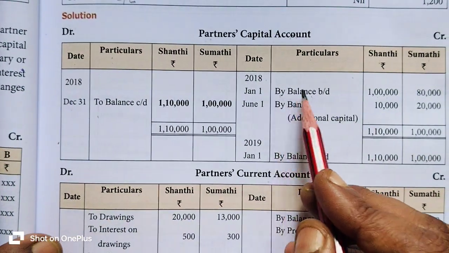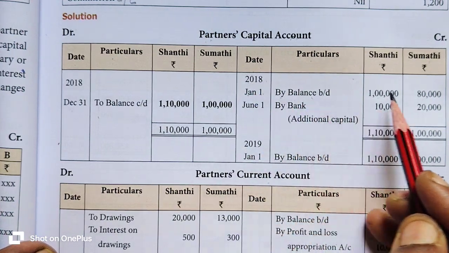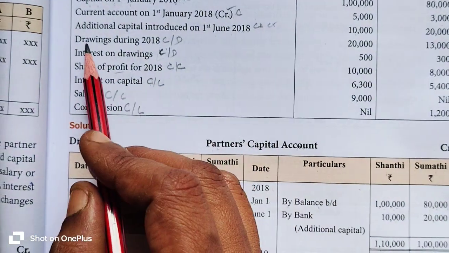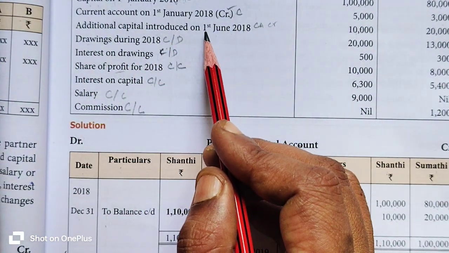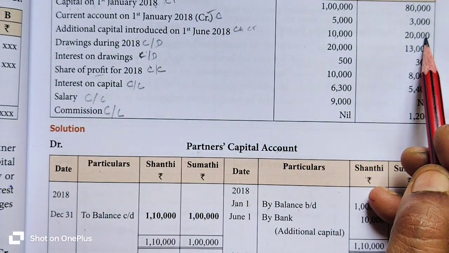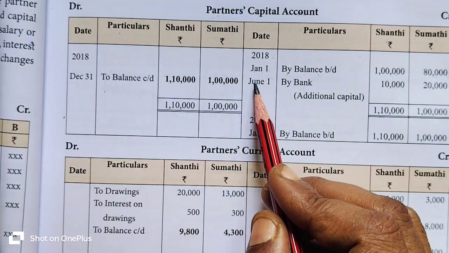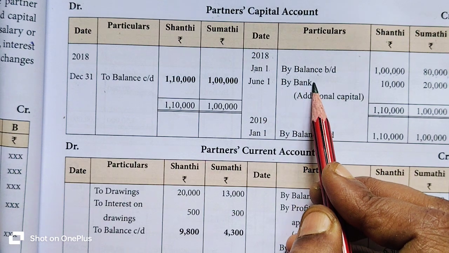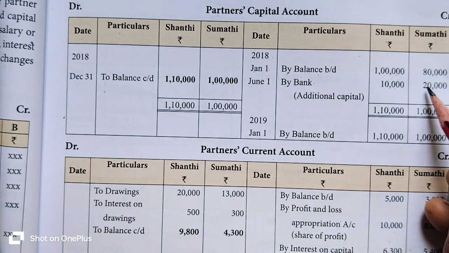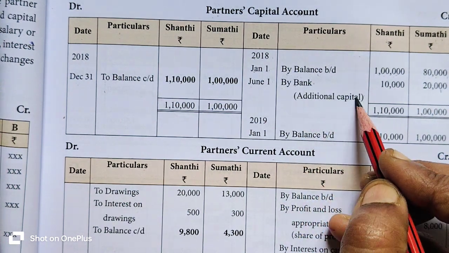So you have to write, dated 1 January, by balance brought down, Shanti 1 lakh rupees, Sumati 80,000. Then the additional capital introduced during the year, on 1st June 2018: Shanti 10,000, Sumati 20,000 rupees. As per the format, dated June 1, by bank account, for Shanti 10,000 rupees and for Sumati 20,000 rupees. Within the bracket you should write additional capital.